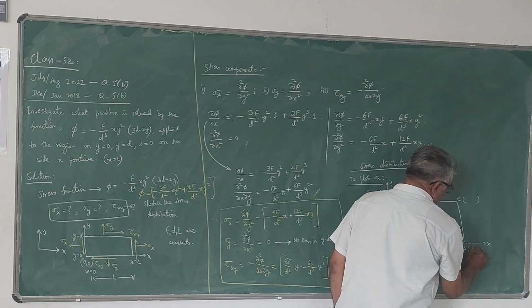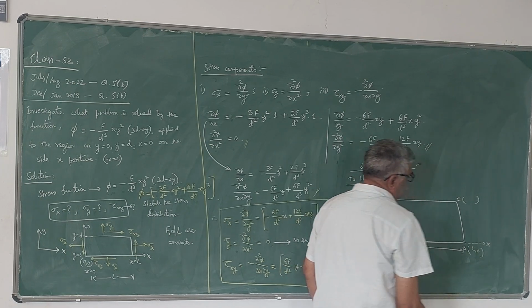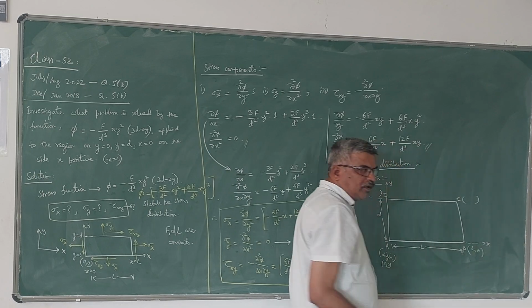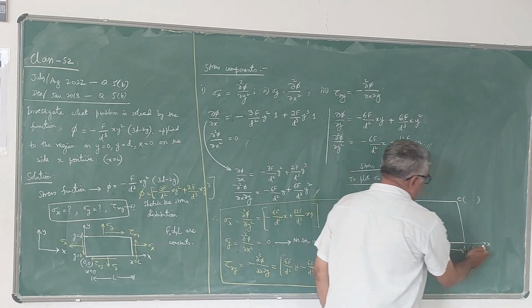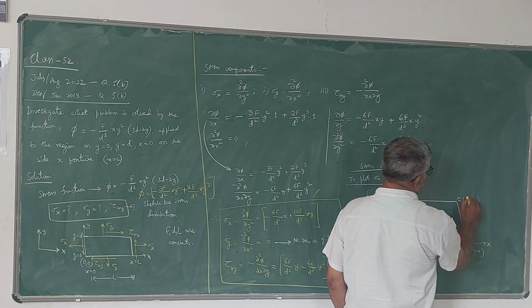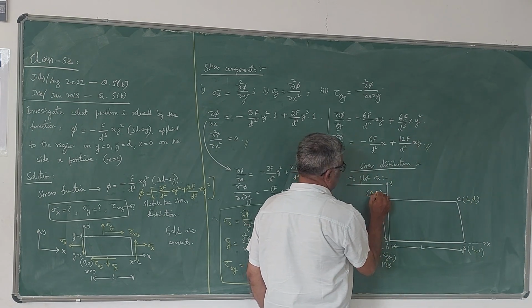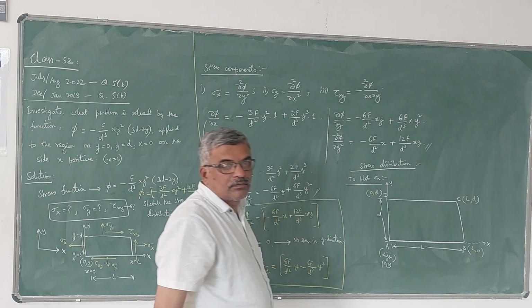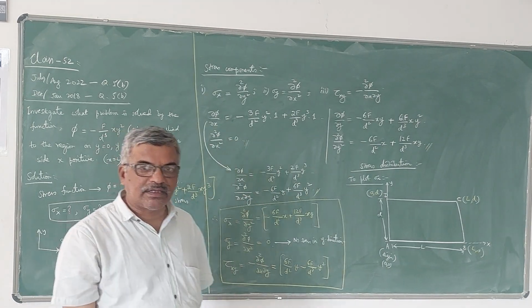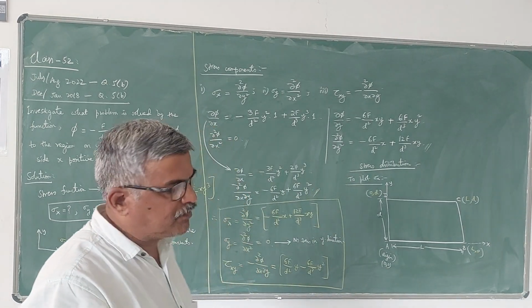L. What is the value of y? 0. Then, what are the coordinates of C? L and D. Is it 0? Correct. Along the y axis x is 0, along the x axis y is 0.